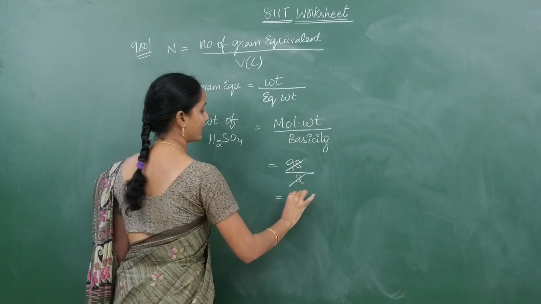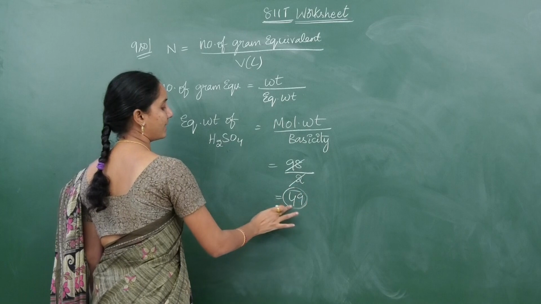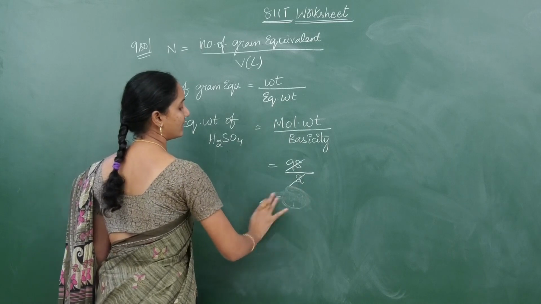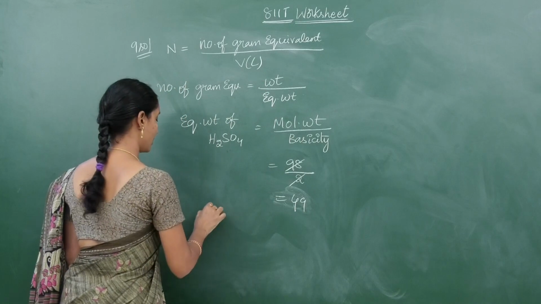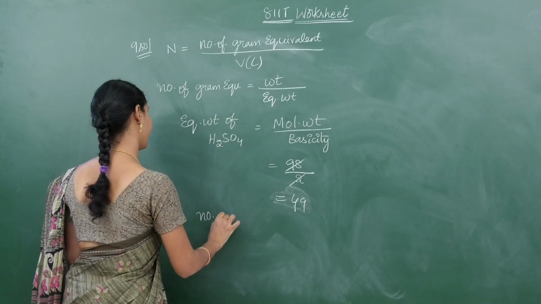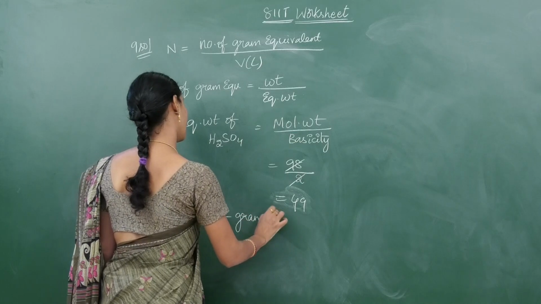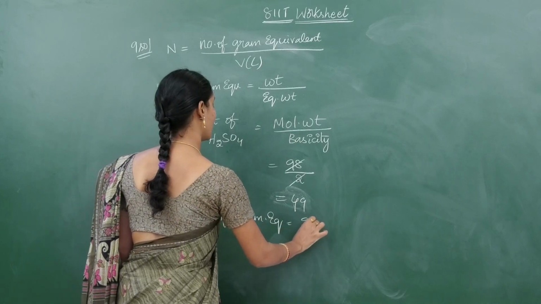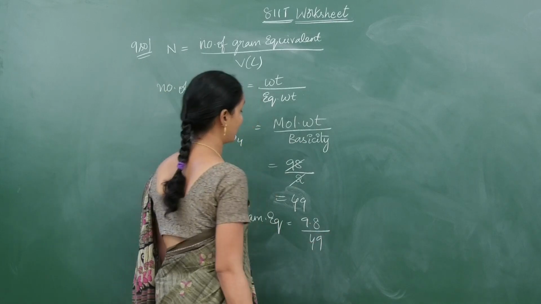So it is 49, children. So we got equivalent weight is 49. So substitute this in this formula. So number of gram equivalents is equal to given weight 9.8 divided by 49, children.